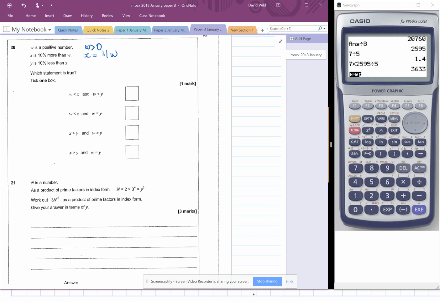And y is 10% less than x. So y is 10% less, that's only 90% of it. So that's 0.9 lots of x.